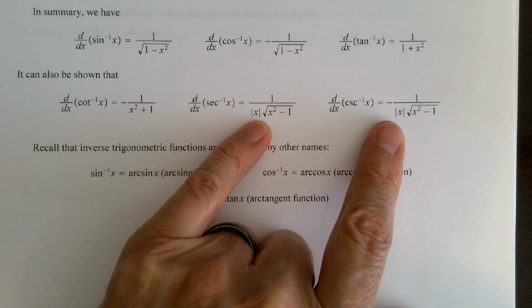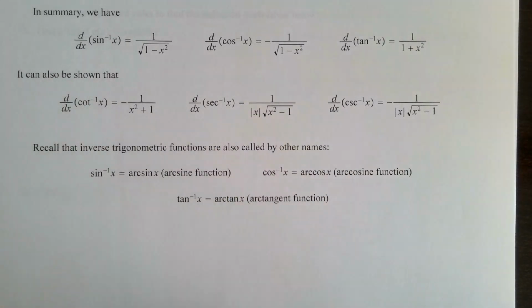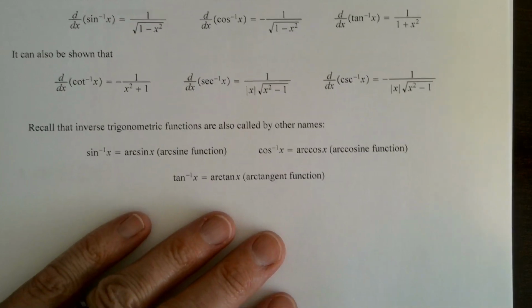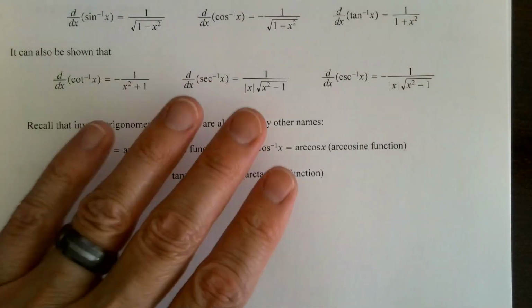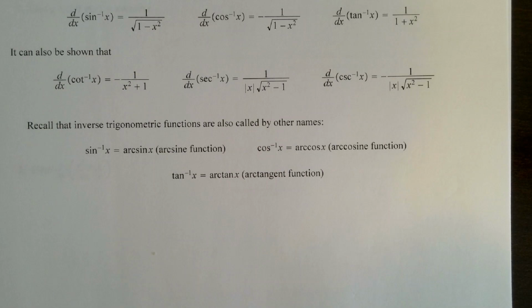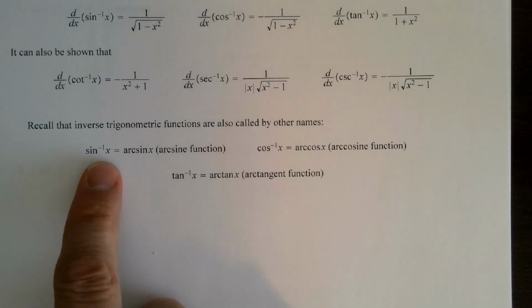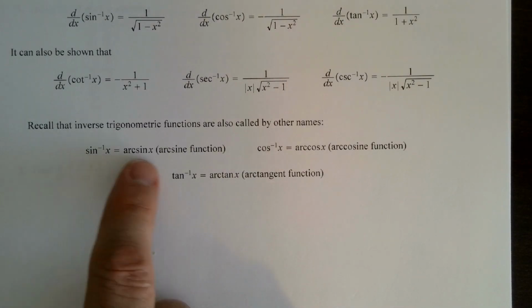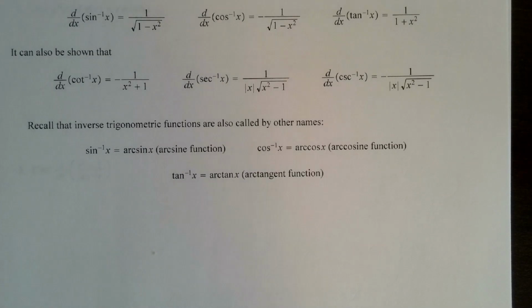There's other ones that do not have that. So it just depends on the situation. But again, the top 3 you do have to be able to be familiar with. And keep in mind, again, as I say, we use the -1 superscript notation for the inverse sine function. You can also call it the arcsine function. Okay, so that's an introduction to those rules.